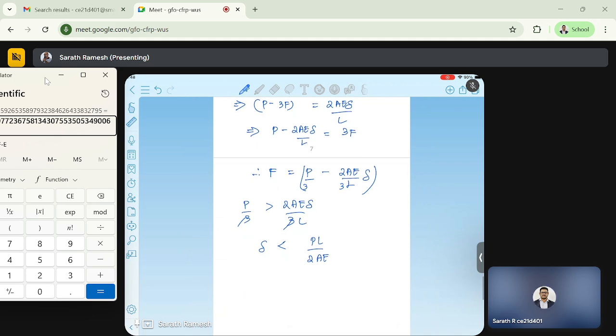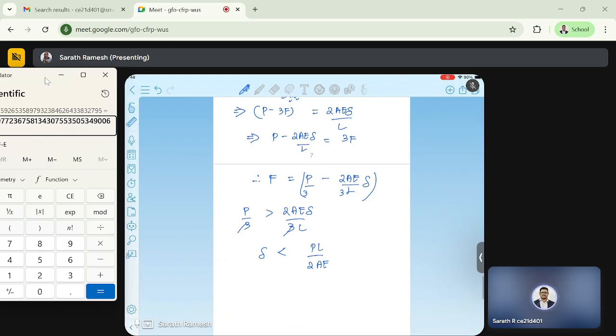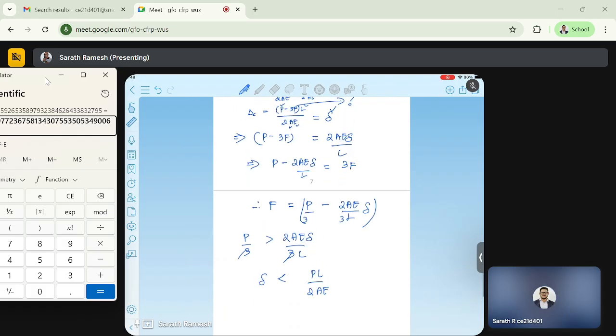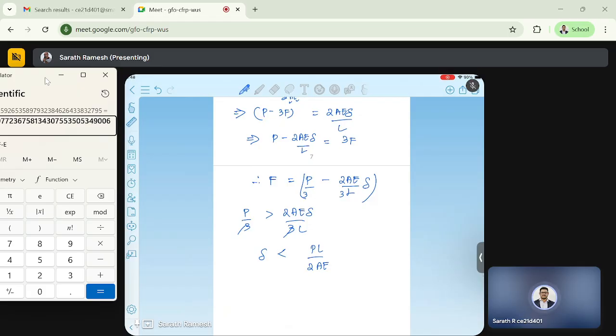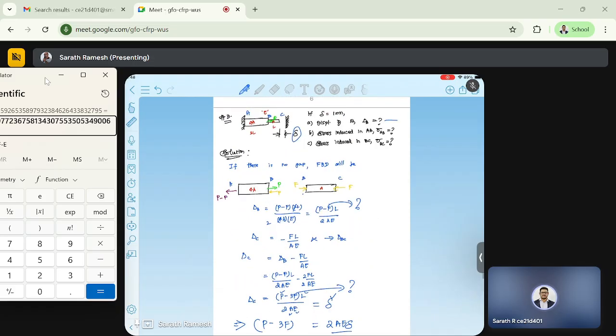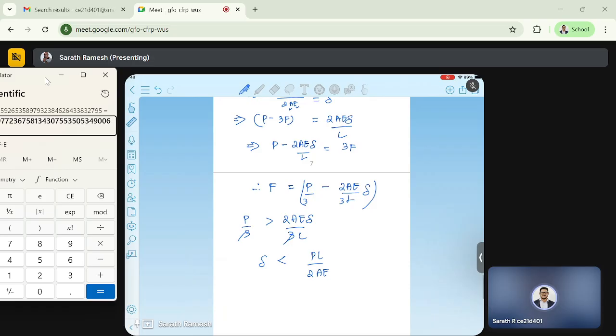If delta has to be lesser than PL by 2AE, this actually tells us that if the gap is more, then there won't be any stresses induced, right? The bar is going to freely elongate on its own. It won't touch the wall at C. But if the gap is less than this value, this is a minimum gap actually.